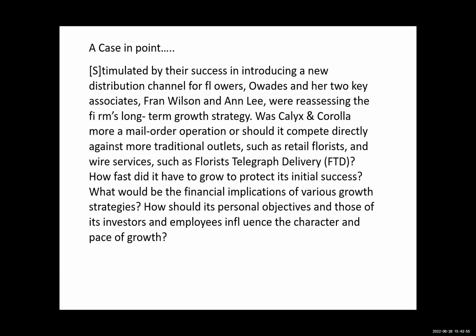How fast did it have to grow? No. This is just one question. This just looks like one criterion for evaluation. I'm not sure. You can counter me. Financial implication. How should personal objectives and those of its investors influence the character?